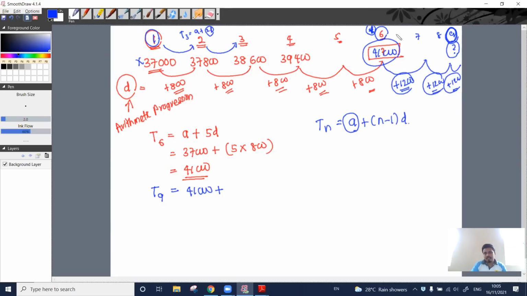If we apply the same here, how many years further do we need to go? From 8 to 9 is 1 year, so 3 years in total. We need to go 3 more years ahead. So what should be the answer? 41,000 plus 3 into, now what is the new common difference? 1,200.